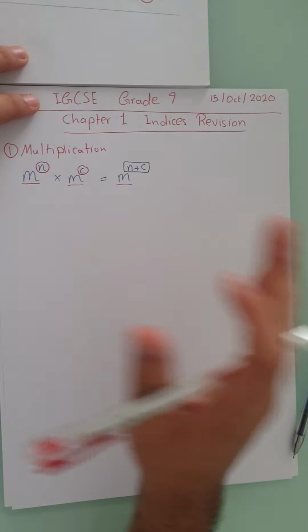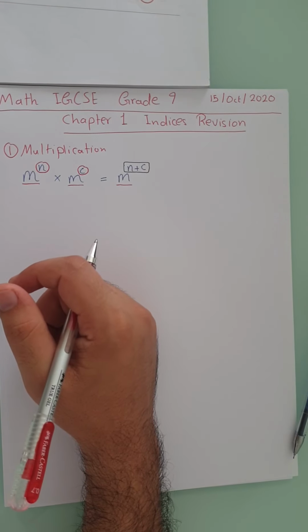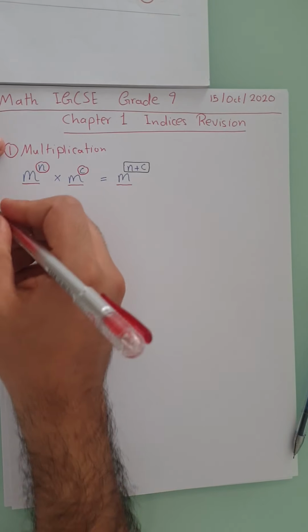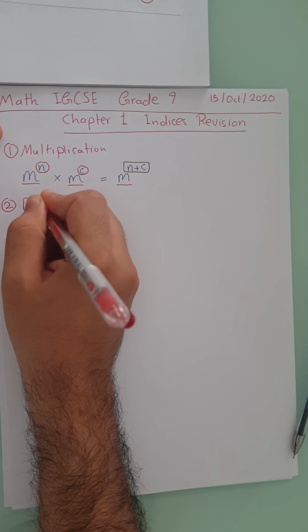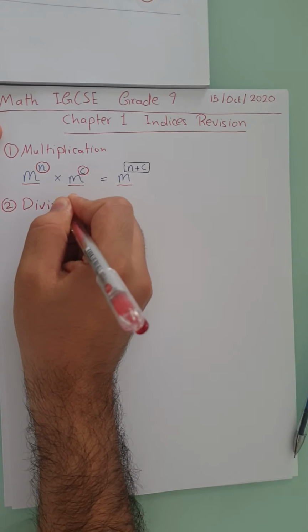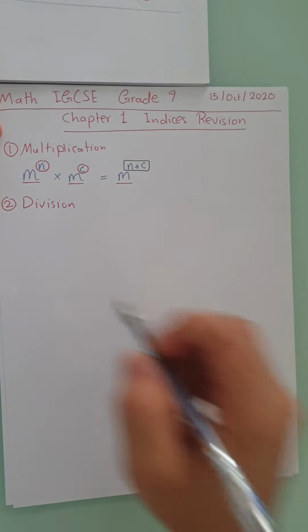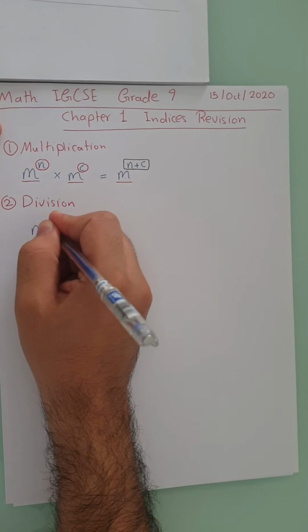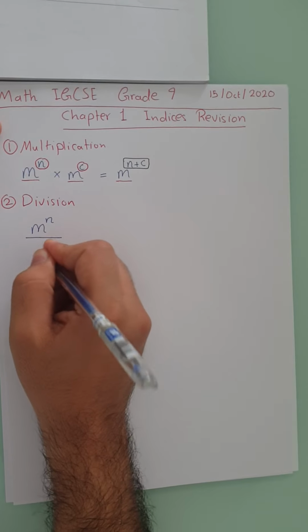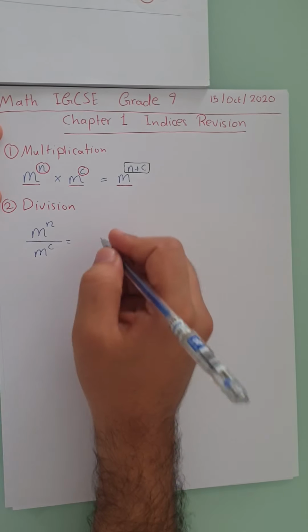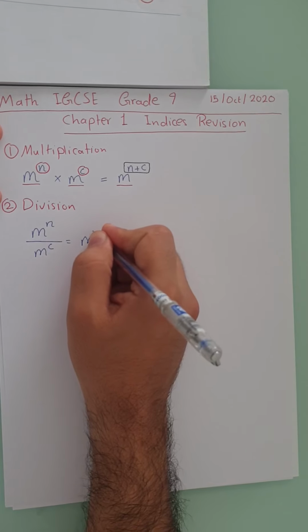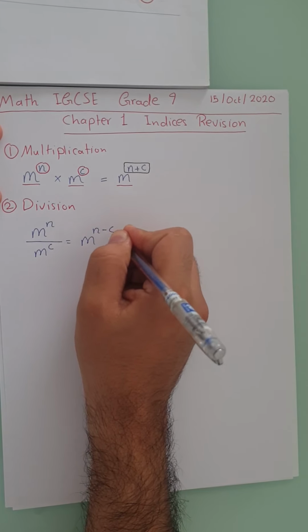I will give you all the rules and then we'll go through the exercises of the book and we're going to answer them. Second rule is the division. If I have, for example, m to the power of n divided by m to the power of c, what shall happen to the powers is going to give me m to the power of n minus c.